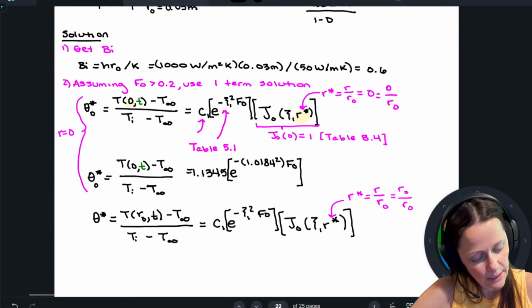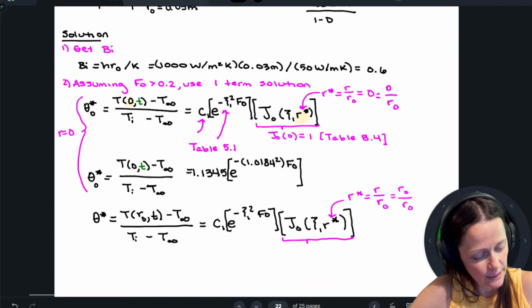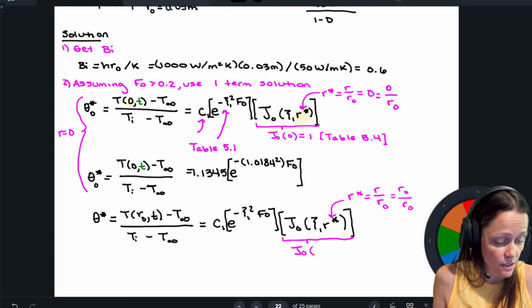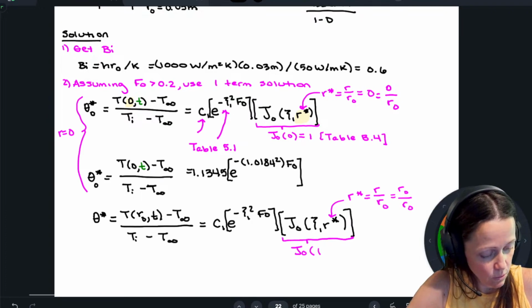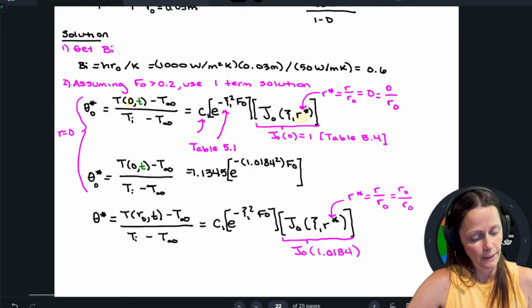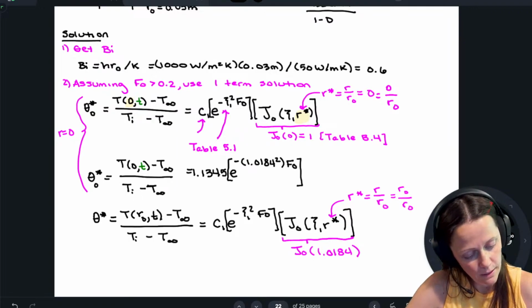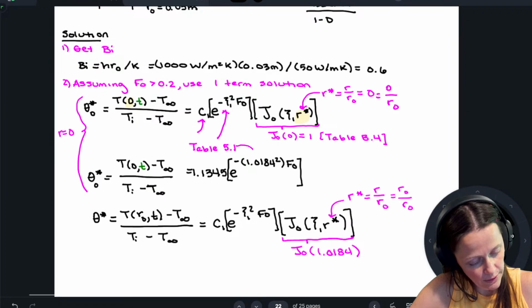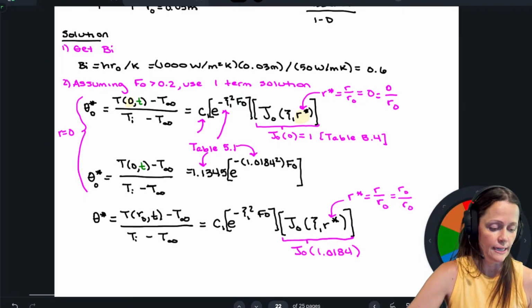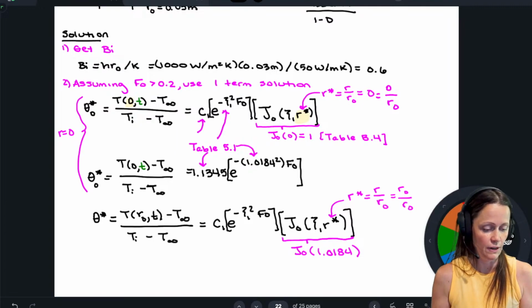And so what we're inputting is 1 times that zeta value, which is still 1.0184, right? That's where we got those values, that C1 and the zeta 1, from our table 5.1.